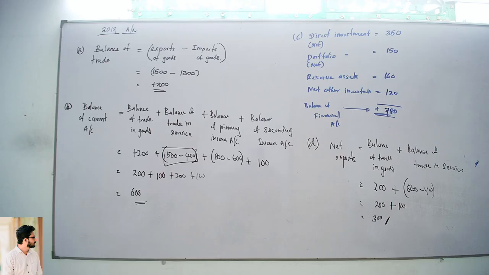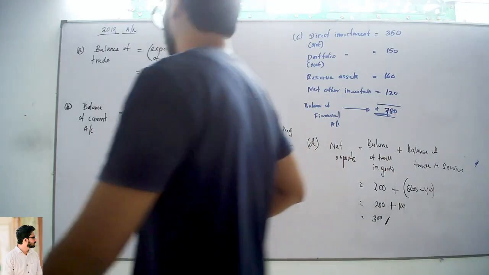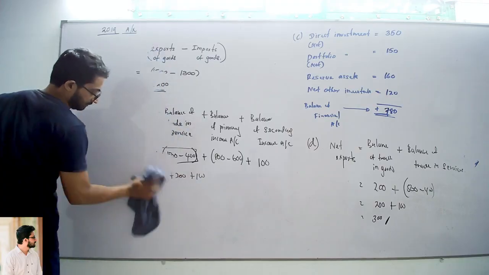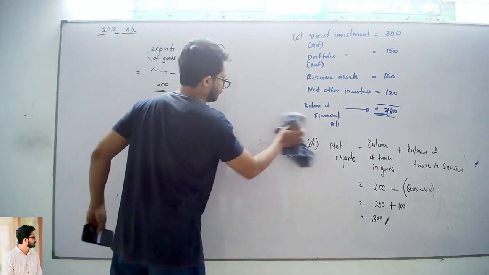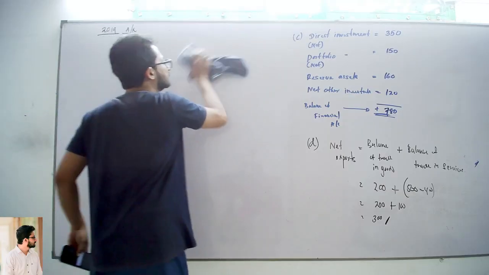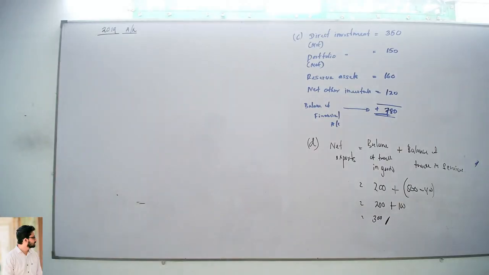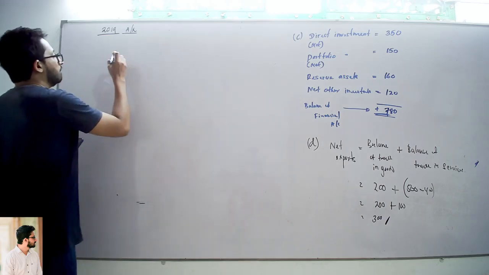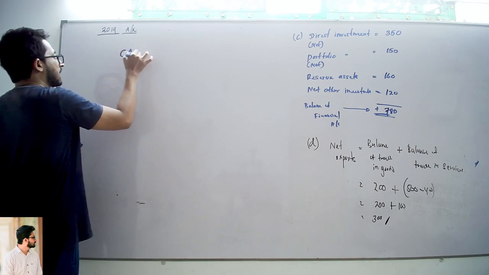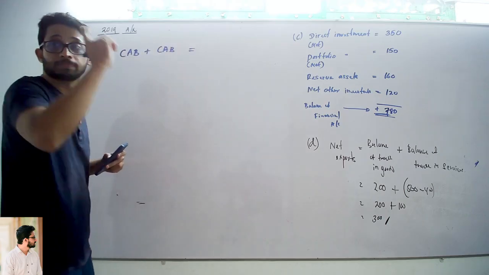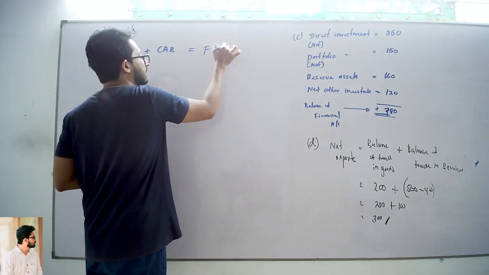Look at the board, listen very carefully. I told you that the balance of current account plus the balance of capital account should be equal to the balance of financial account, theoretically.